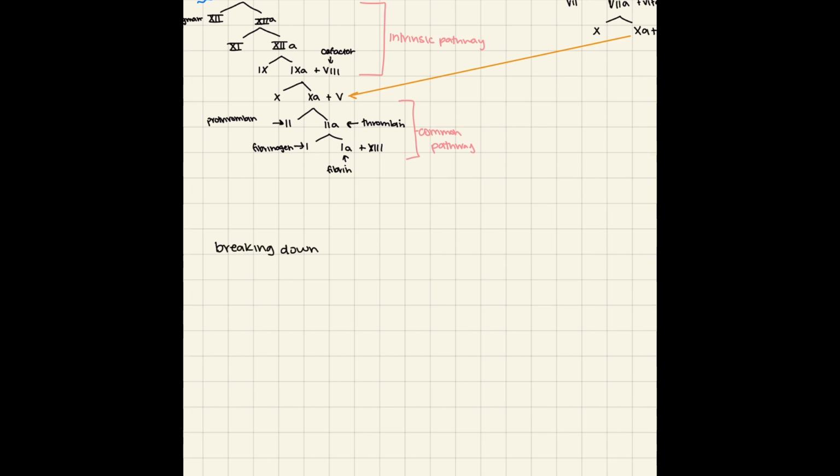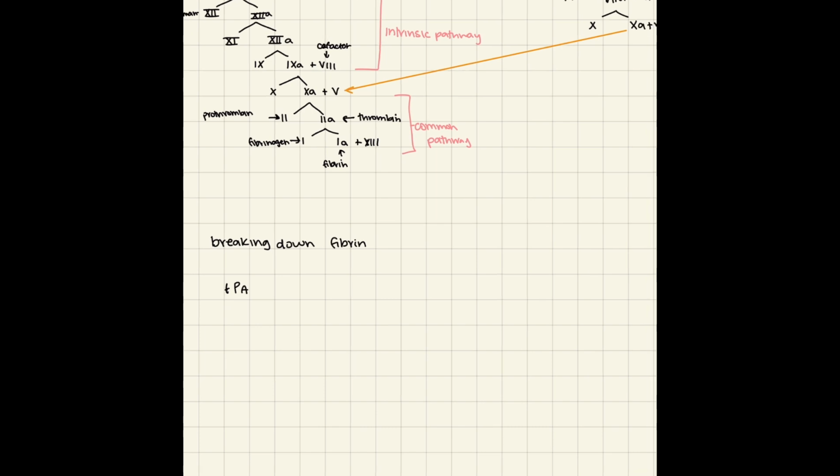So when we need to break down the clot, we have to break down fibrin. I can't spell because I was thinking about clotting. Okay. So to break down fibrin, we have this thing called TPA, tissue plasminogen activator is what the name is, and it goes in with urokinase to plasminogen and makes plasmin.